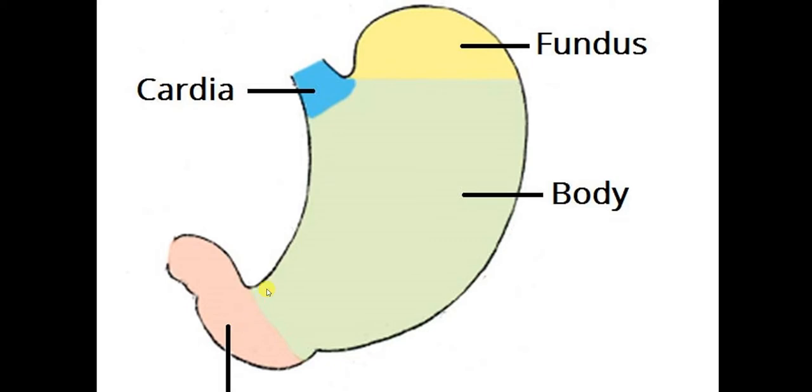The pylorus is like the cardia. In the pylorus we have pyloric mucus-secreting glands. These glands serve an absolutely similar function. They prevent aggression of acid, but not to the esophagus like in the cardia, but to the duodenum, which follows here.